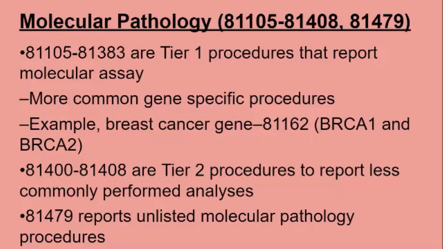More common gene-specific procedures, for example, breast cancer gene, 81162, is BRCA1 and BRCA2. Then Tier 2 procedures report less commonly performed analysis, 81400 through 81408. 81479 reports unlisted molecular pathology procedures.